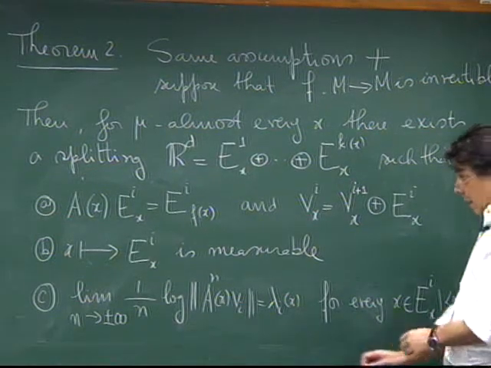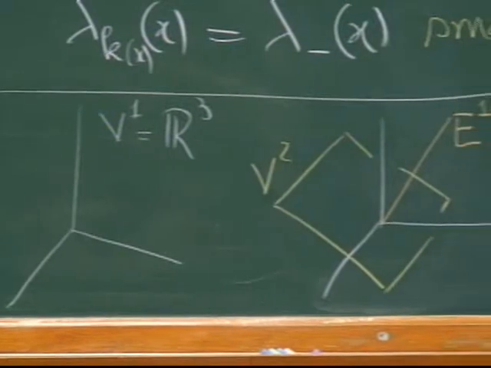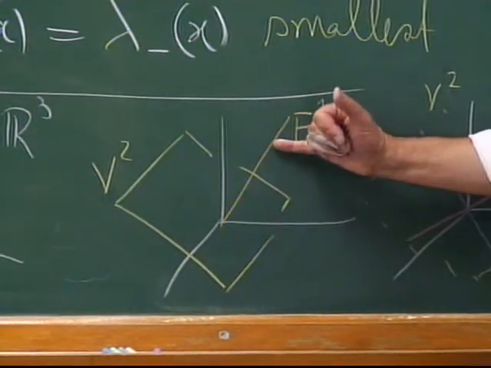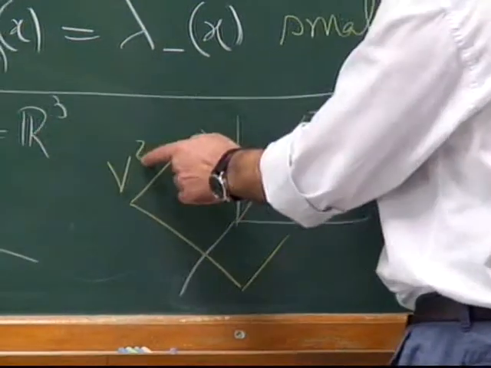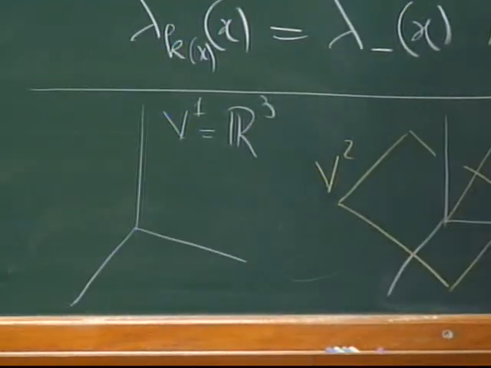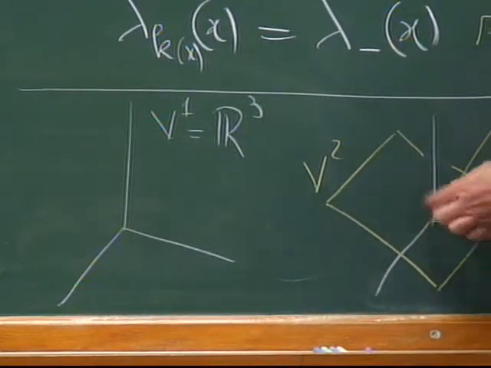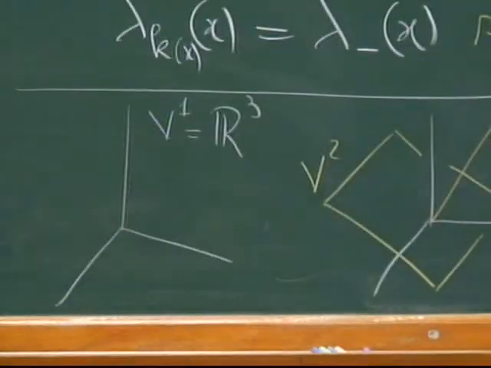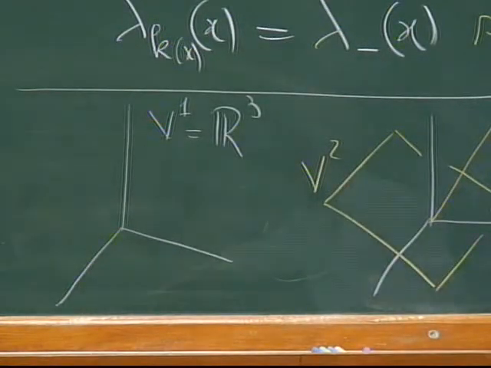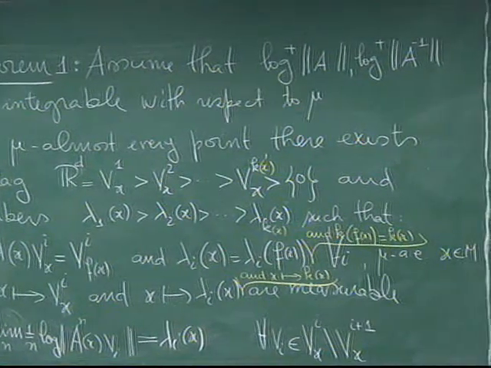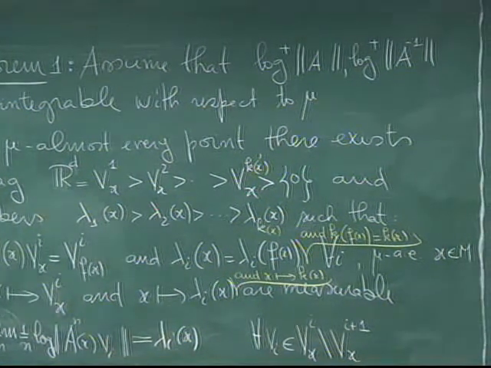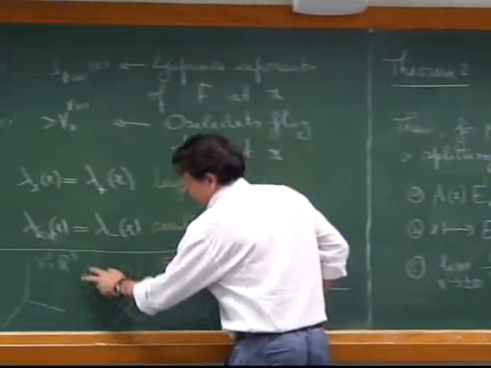And then if, for example, we take a vector in E1, well, E1 is in V1 but not in V2. So when I iterate forward, any vector here will grow at rate lambda 1. But this theorem says that it also grows at rate lambda 1 when I iterate backwards.